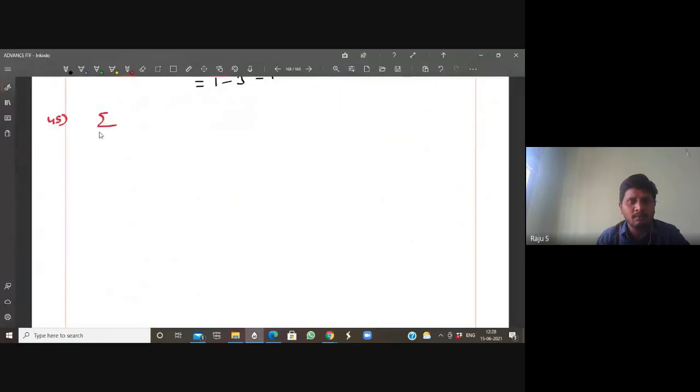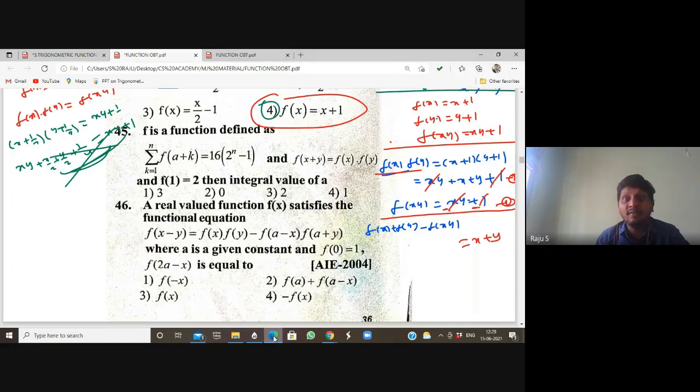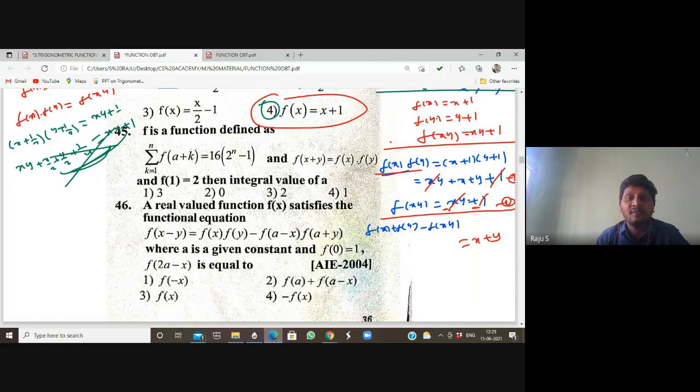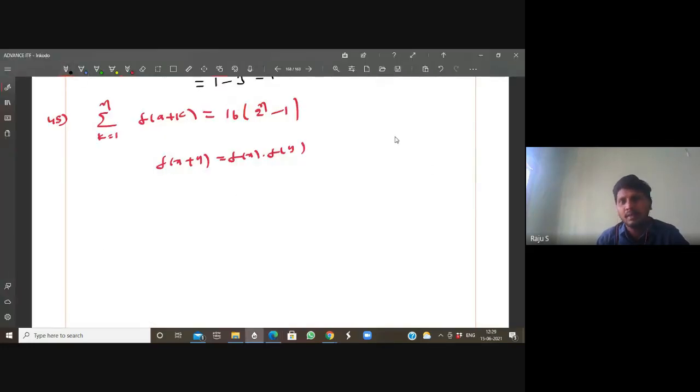Summation k equals 1 to n of f of a plus k is equal to 16 to the power n minus 1 on the right side, and f of x plus y is equal to f of x into f of y, and f of 1 is equal to 2.